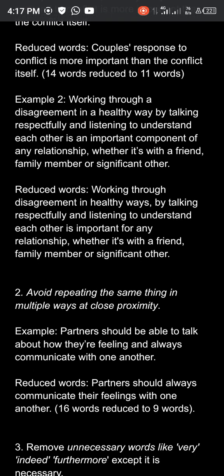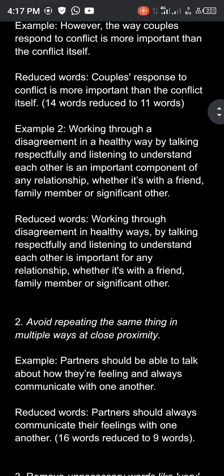Now, to reduce that sentence, I rephrased it. Walking through disagreements in healthy ways by talking respectfully and listening to understand each other is important for any relationship, whether it's with a friend, family member, or significant other.